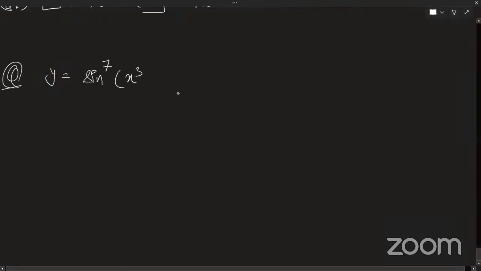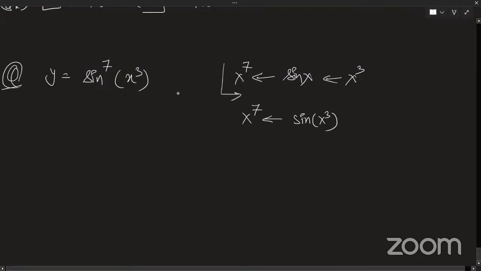I will just do one more. If I do something like sine raised to 7 of x cube, so it is x raised to 7, उसके अंदर मैंने sin x डाला है, उसके अंदर मैंने x cube डाला. Okay, so basically x raised to 7 के अंदर मैंने sin of x cube डाला है. So I will approach from outermost side. What is the derivative of x raised to 7? Tell me, what is it? 6.